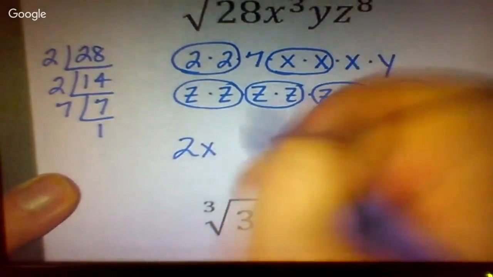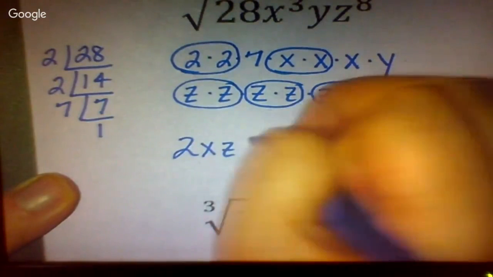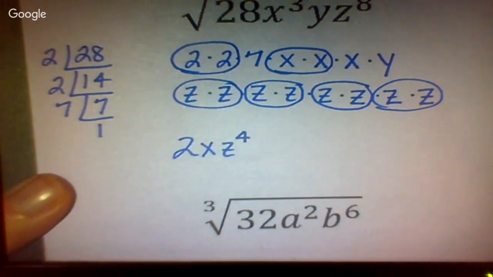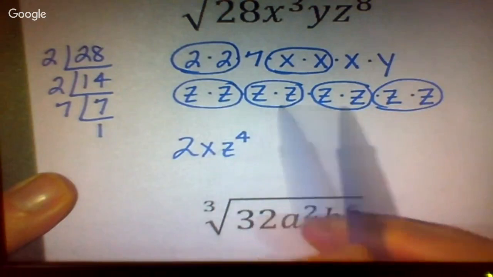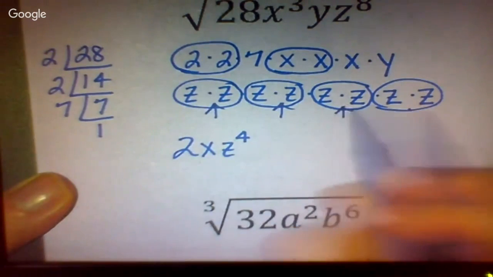I also circled a Z. How many times did I circle them? 4. So this is Z to the 4th. I circled 4 Z's, 4 groups of Z's. So that's Z to the 4th.